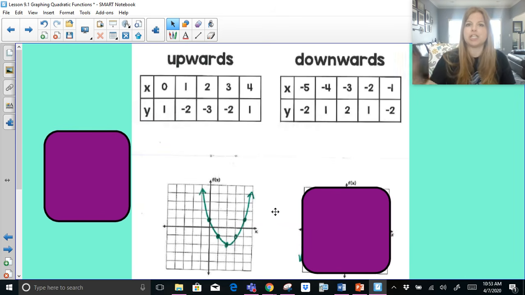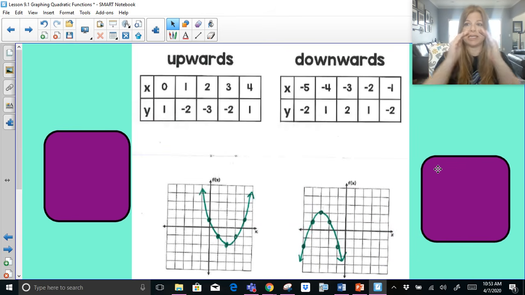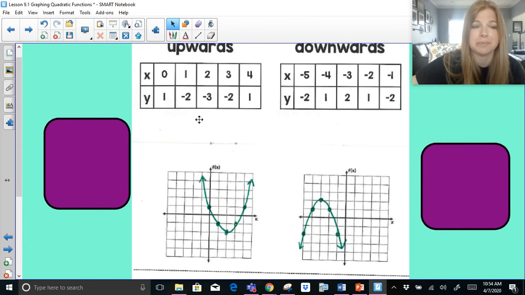A parabola is like a giant U-shaped curve. So I could have a parabola that's facing upwards, which looks like this, or I could have a parabola that's facing downwards. It's still a U shape, it's still a U facing up, or it's a U upside down, really. Those are my two different shapes.